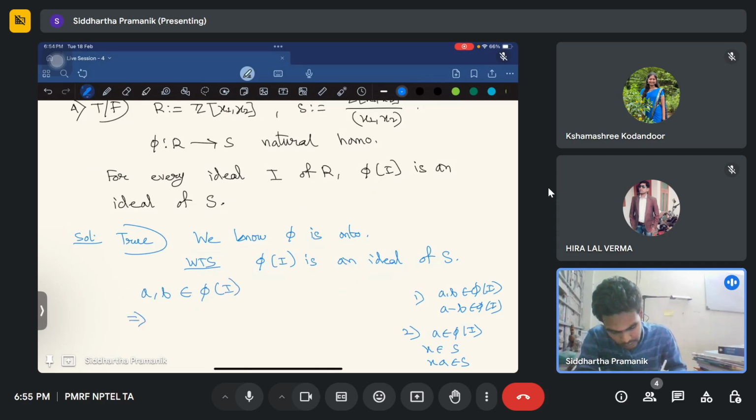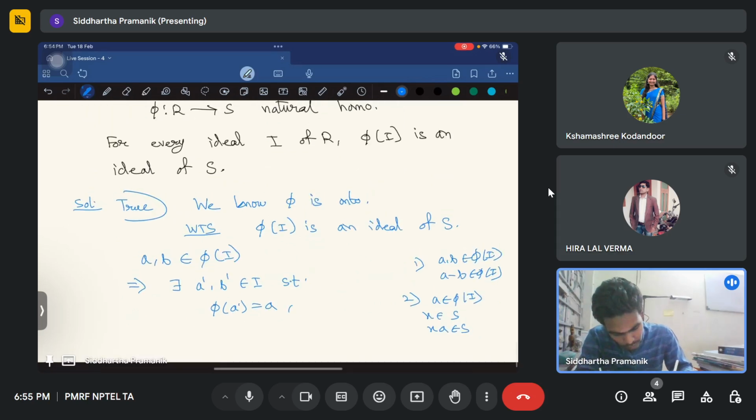That implies there exist a', b' belonging to I such that phi of a' equals a and phi of b' equals b, right? By the definition. So a' minus b' is in I because I is an ideal.